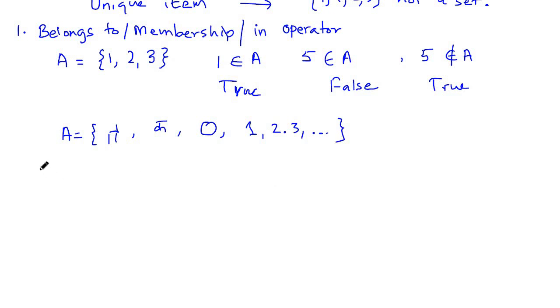So let's talk about subsets. Subsets are a special kind of set for a particular set. For example, if you are saying that set B is a subset of A, and this is the symbol for subset.